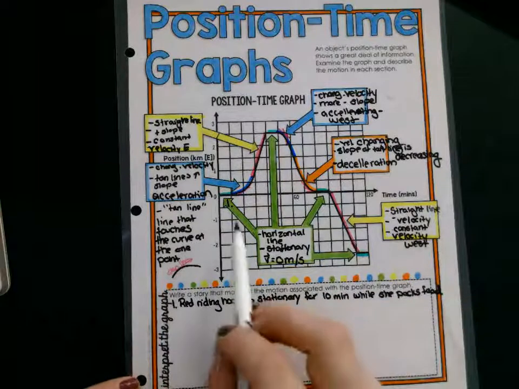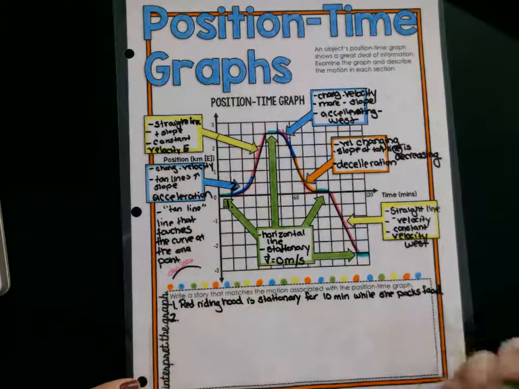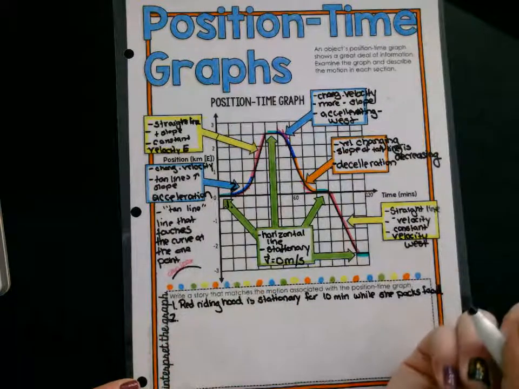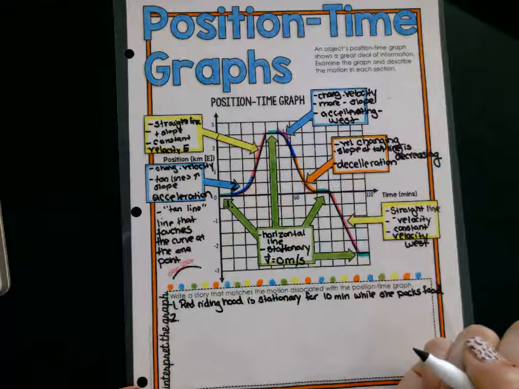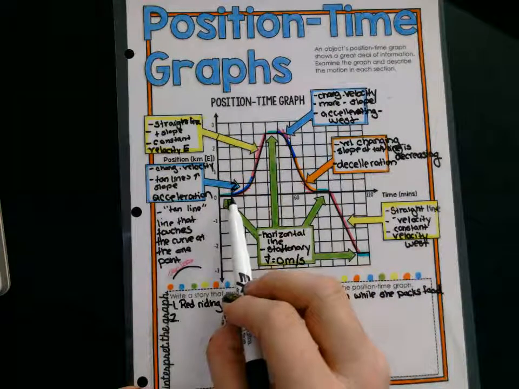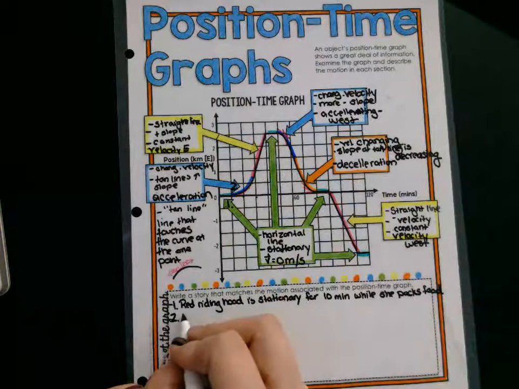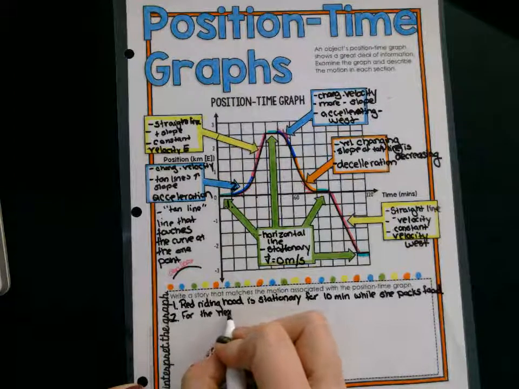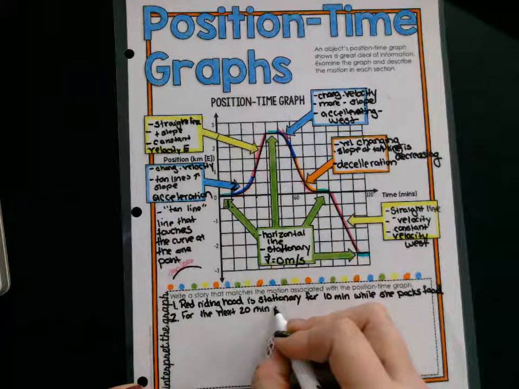All right. The second thing that happened on my graph was we had a change in velocity and we accelerated. And we accelerated east. And how long did we accelerate east? We accelerated east for 10, 20 minutes. For the next 20 minutes, I'm going to abbreviate Red Riding Hood, RRH.